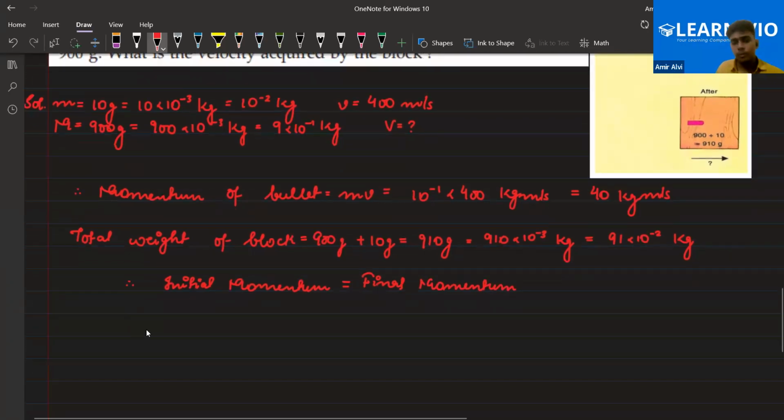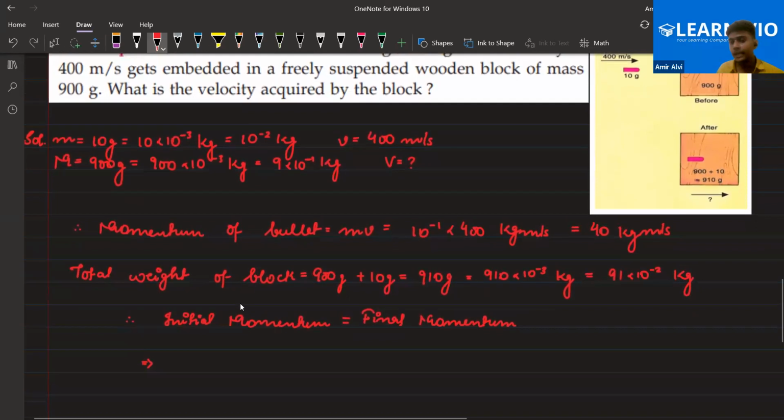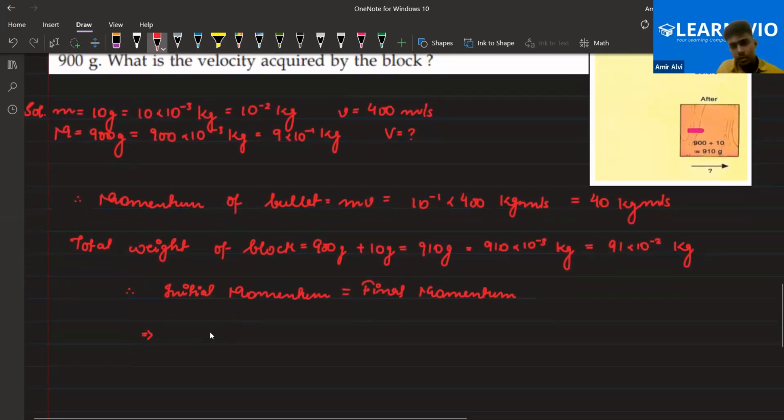The initial momentum is that of the bullet because only the bullet is moving. Let me write down the final momentum, the momentum of bullet and block.